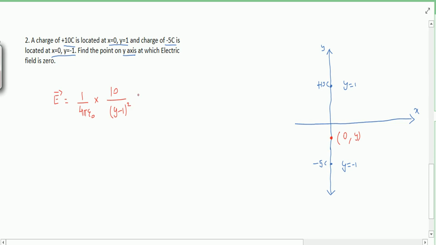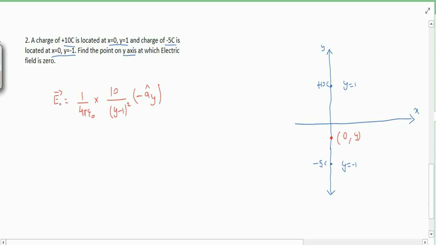The direction will be minus ay cap, because it is a positive charge: the field is radially outward, in the decreasing y direction.